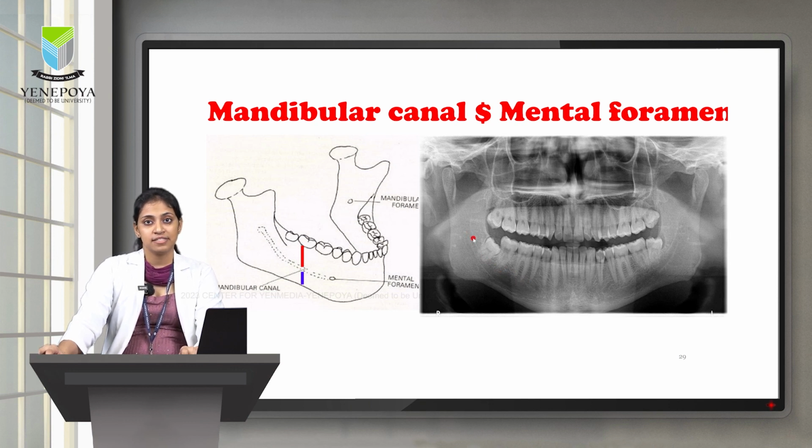So, it descends down through the inferior alveolar nerve canal or the mandibular canal, and it terminates at the mental foramen, where the inferior alveolar nerve comes out as mental nerves and vessels.